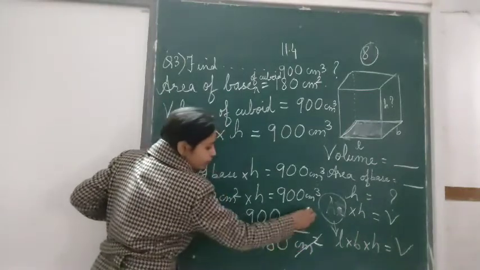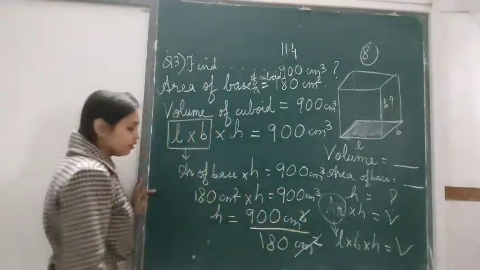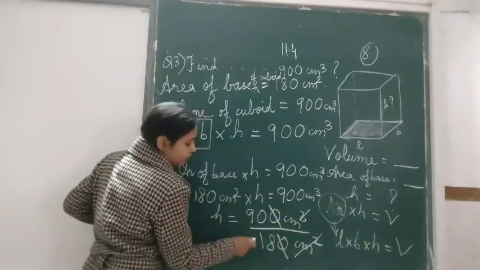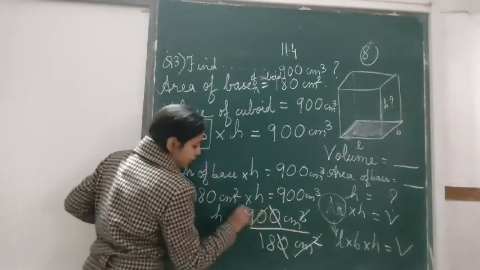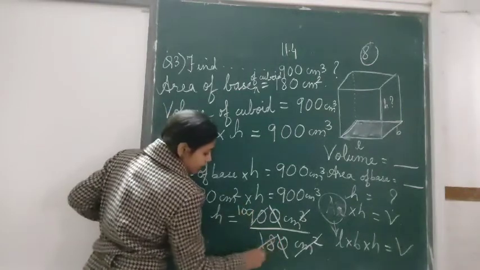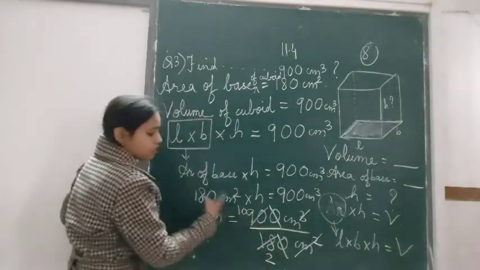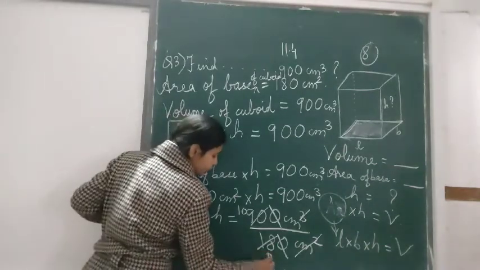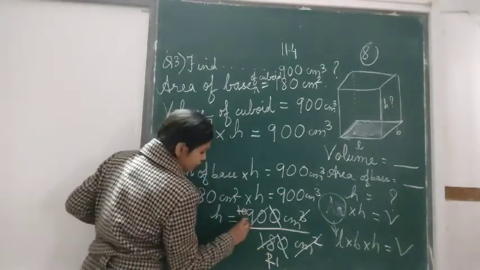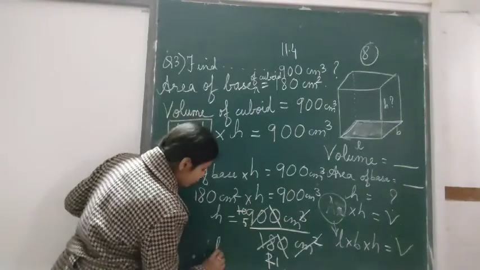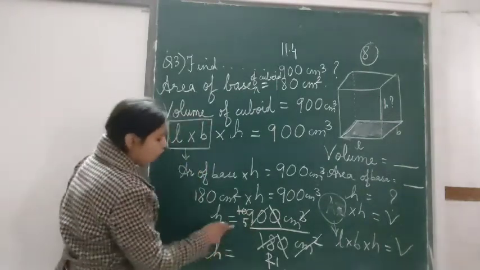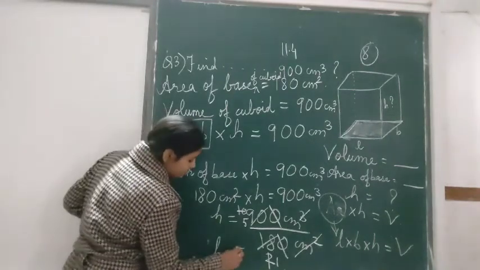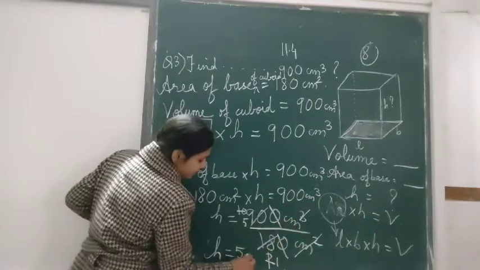So out of 3, 2 will be cancelled. Okay. And here 0, 0 got cancelled. Now both are divisible by 9. 9 ones are 9, 9 twos are 18. Now 10 and 2 both are divisible by 2. So 2 ones are 2 and 2 fives are 10. So the height of the cuboid is equal to 5 centimeter.